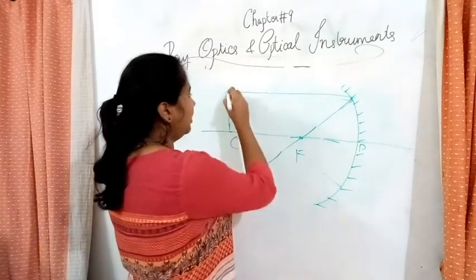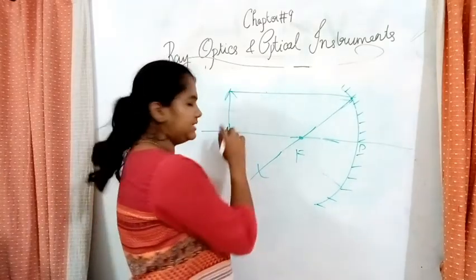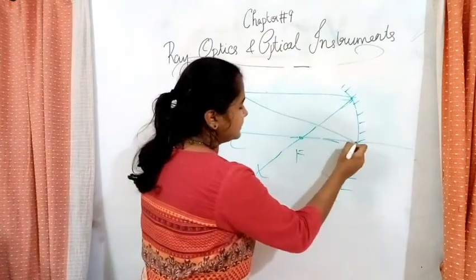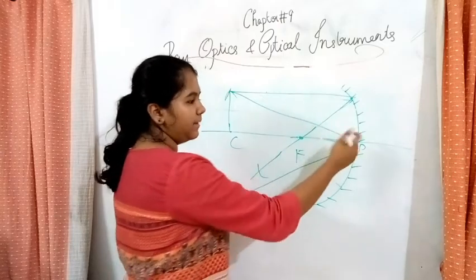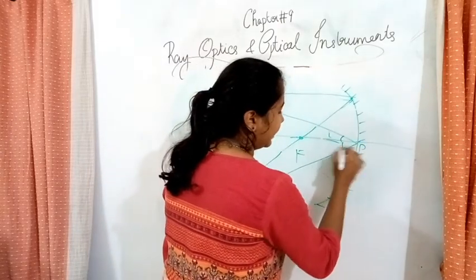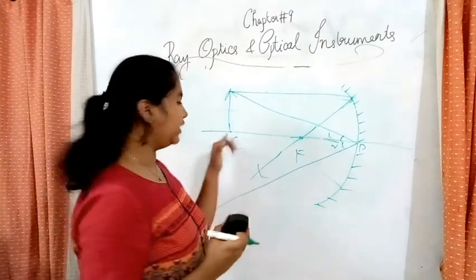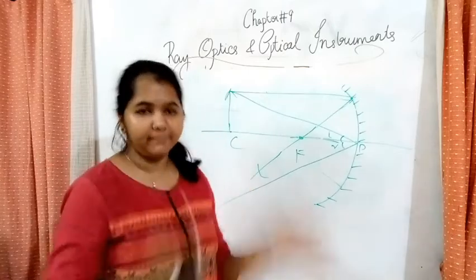And what would happen if a ray has to fall through the center of curvature? There is no such point. So, we will take one which hits over here and would go like this, because the angle of incidence is equal to the angle of reflection. That is how I have taken this, because at the center you cannot have a point from which the light falls.